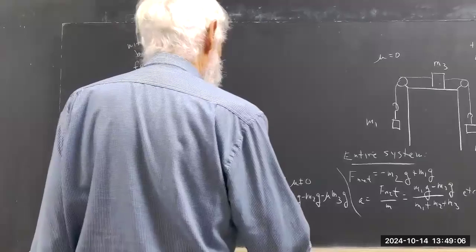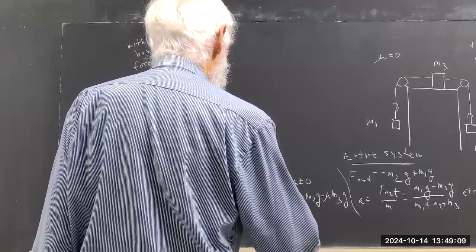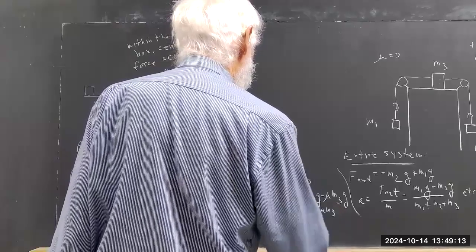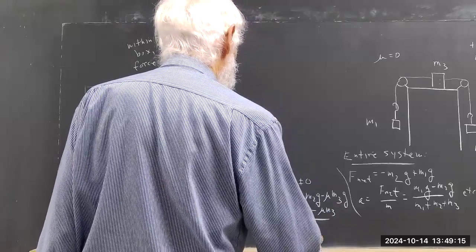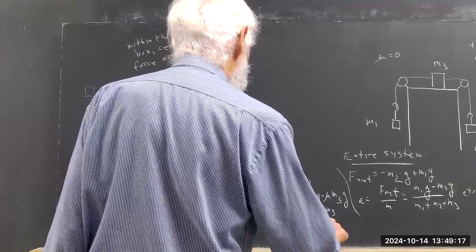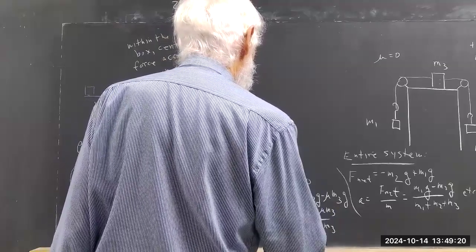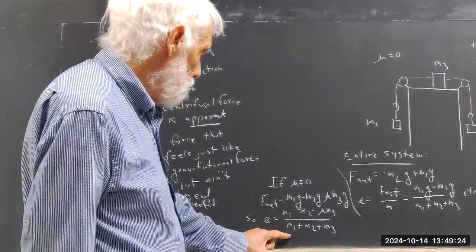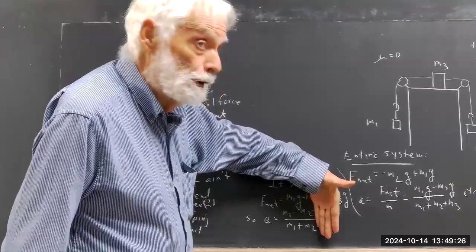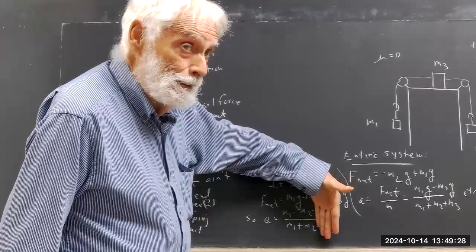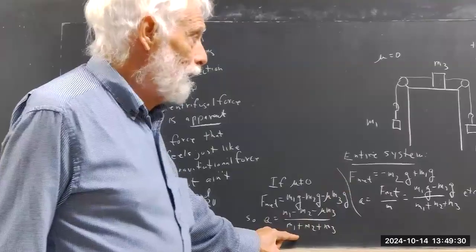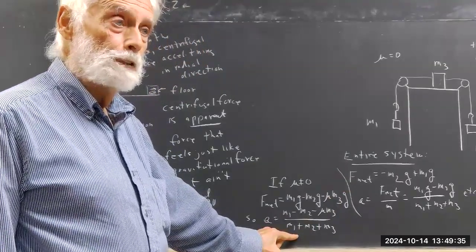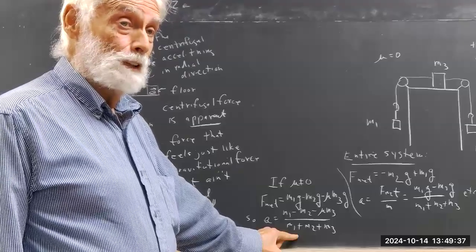The acceleration is this, which is a little more complicated than a formula you can memorize. It doesn't have that M3 on there, right? So you see that there are plenty of variations in this, and you don't have to memorize a formula for every possible variation. It's not going to help you.